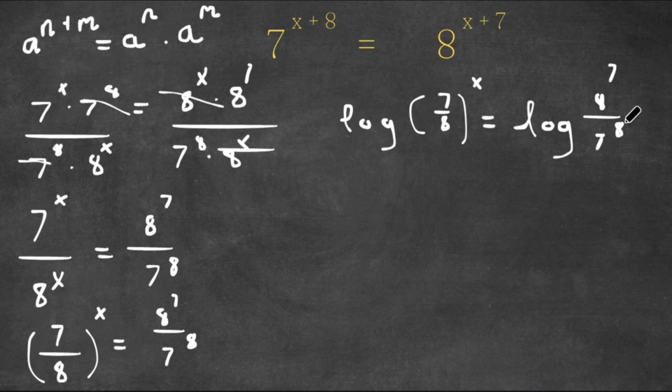And the power property of logarithms states that if we have a power inside the logarithm, which in this case is x, we can actually move this to the front of the logarithm. So now this is going to be equal to x times log 7 over 8.